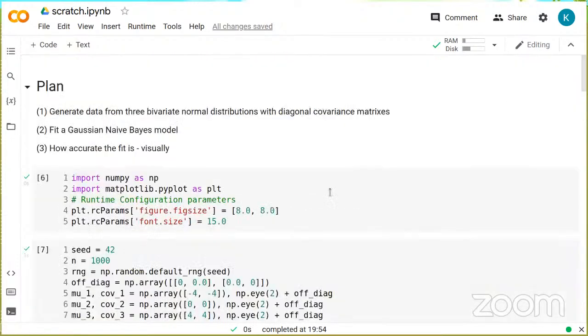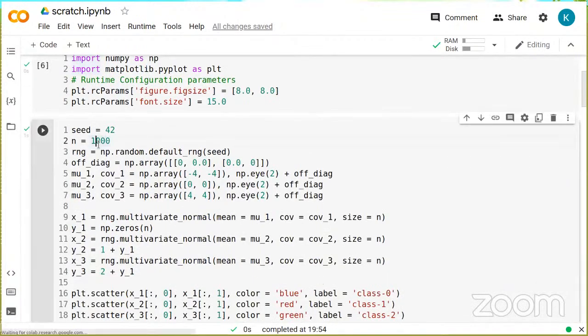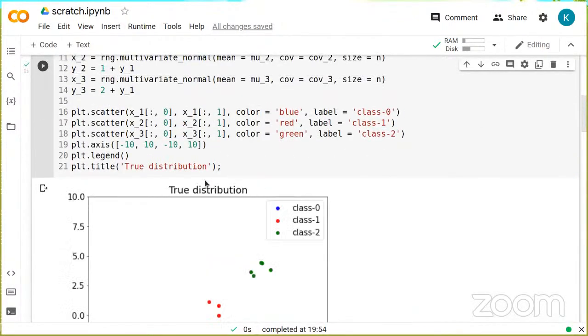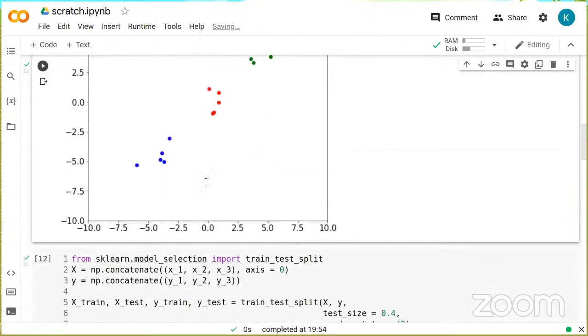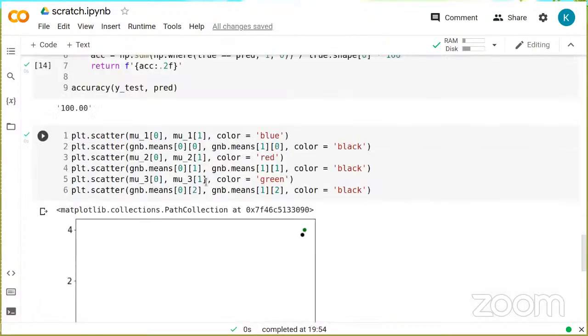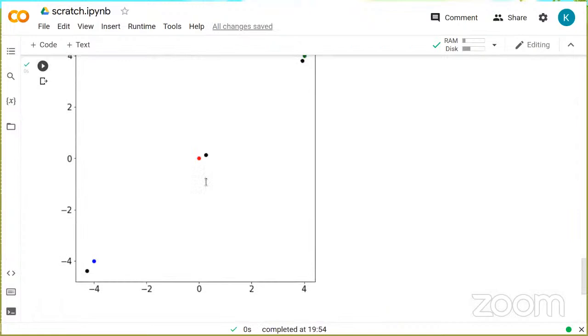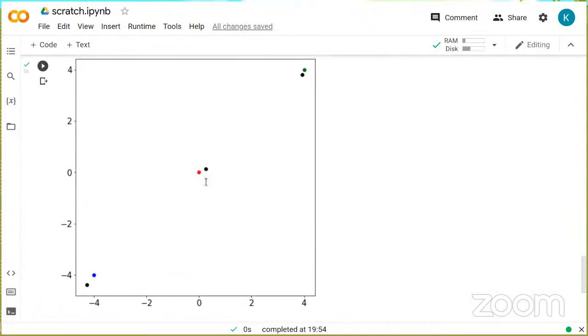So one interesting experiment that we can do is we can make this sparse, the number of data points. We can make it very small, only 5 data points per class, and see the effect that it has on the prediction. I hope you are able to see what effect it has.